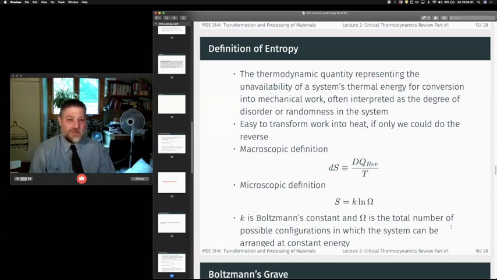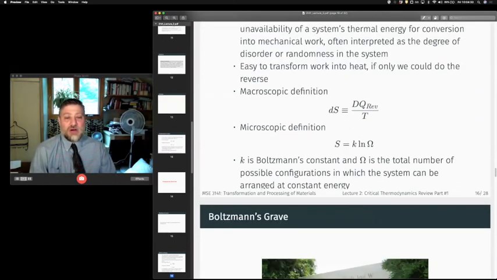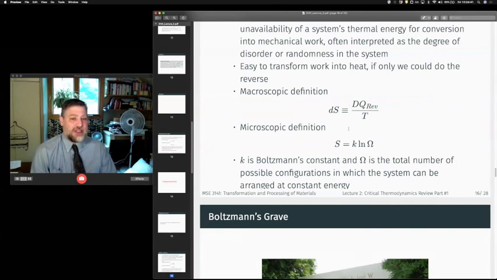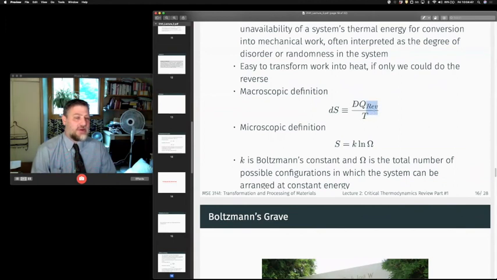Right? Okay, so we have the macroscopic definition of entropy: dS equals dQ over T. There has to be a reversible here, right? This is heat applied in a reversible manner. We have the microscopic definition that Boltzmann is famous for, S equals k ln omega, right?